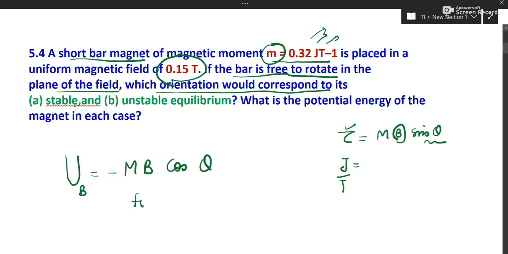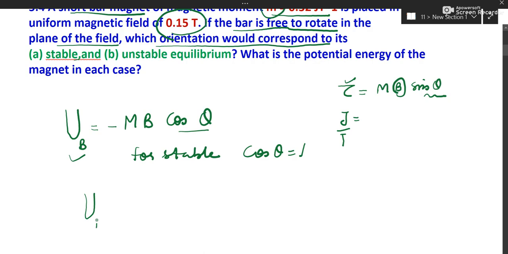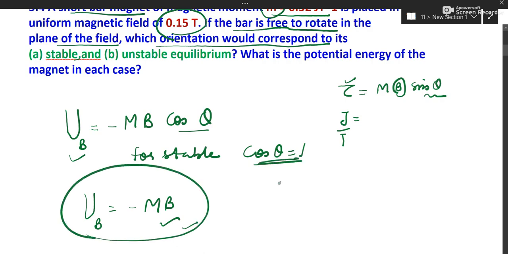For stable equilibrium, it should be negative. It will be negative when cos theta is 1. If cos theta is 1, magnetic potential energy will be minus mB, that is the least, minimum. So for cos theta 1, it is stable. That means theta is 0 degree.